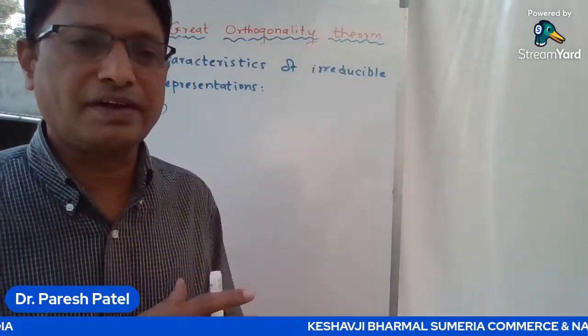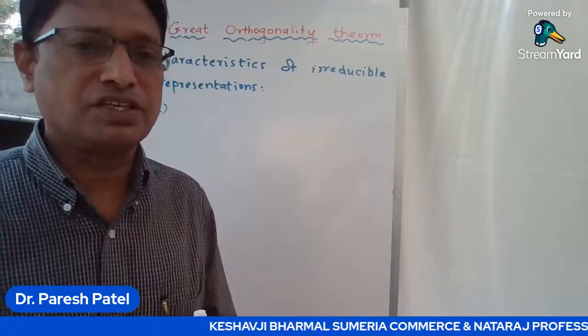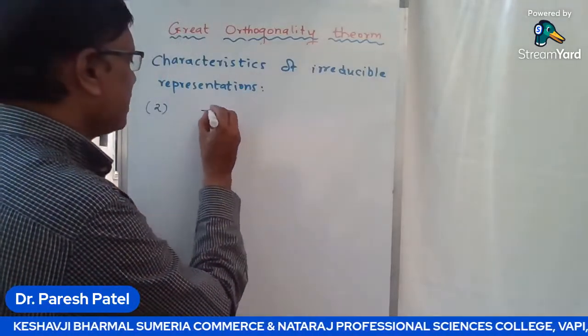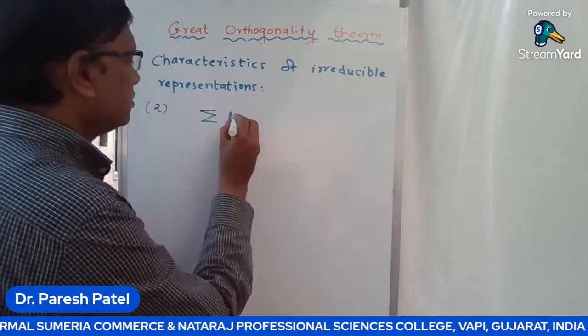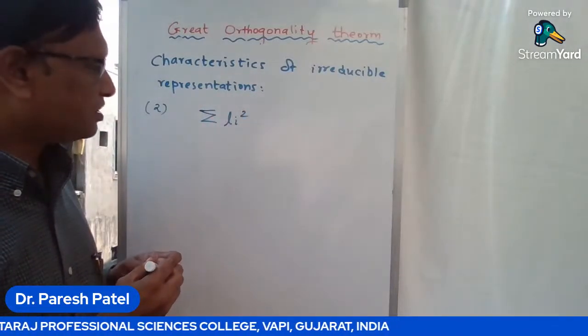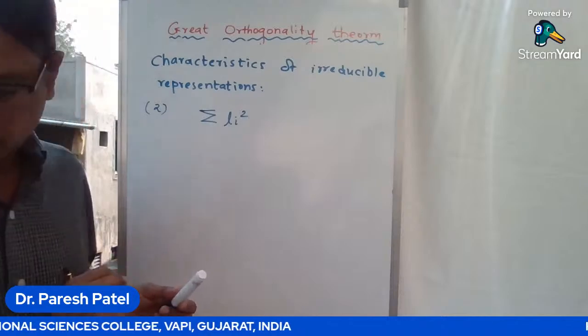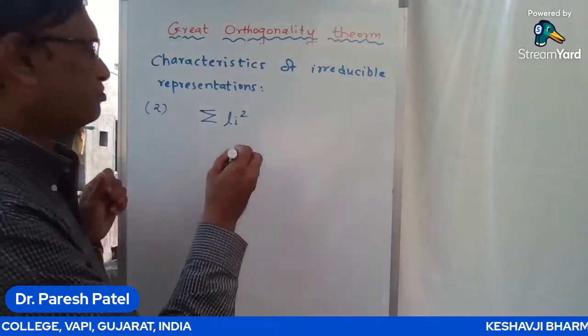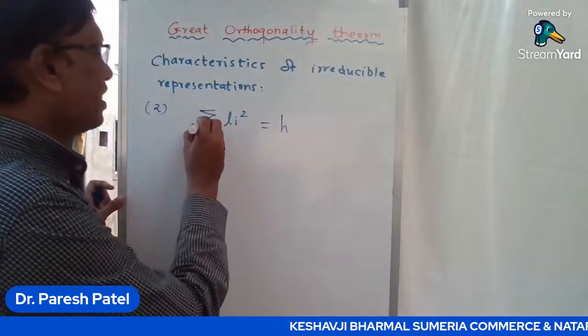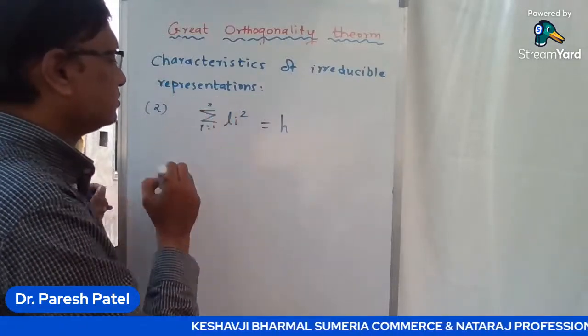This is the second characteristic of the irreducible representations. So, dear students, we can represent that the sum of the square of the dimension is equal to the order of a group, where i is equal to 1 to n.